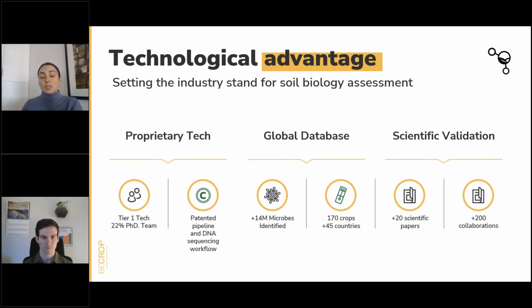So all of these updates that we're going to talk about today go beyond just a linear decision-making pathway, like you would have for fertility, right, where if you have low nitrogen, then you add nitrogen. Our database and our algorithm are using intelligence from hundreds of thousands of soil samples across many countries, across 170 cropping systems.